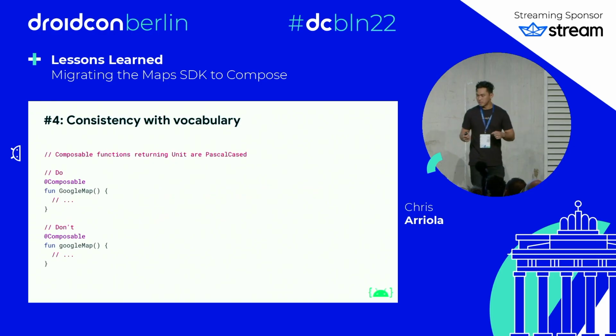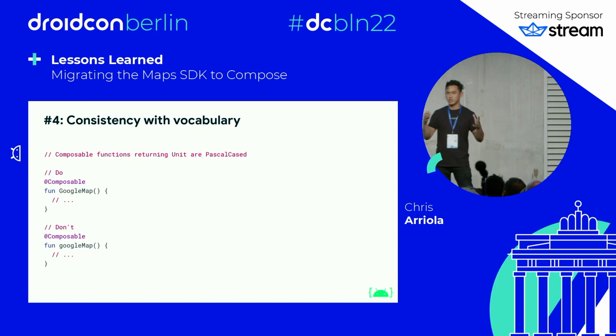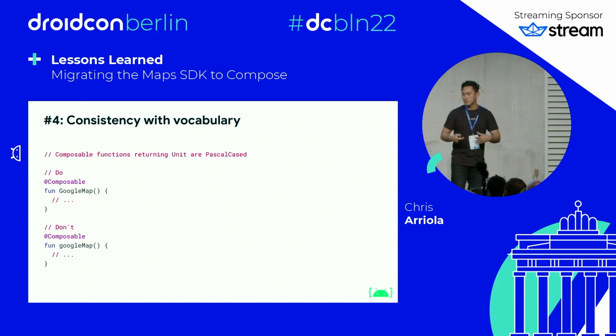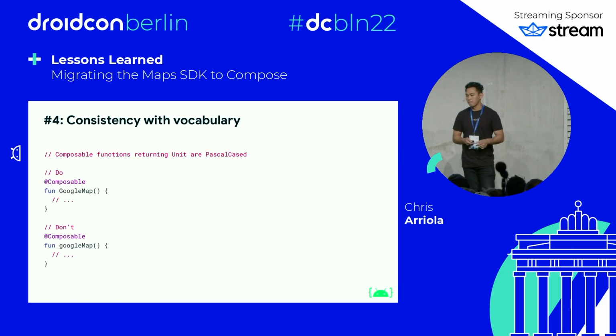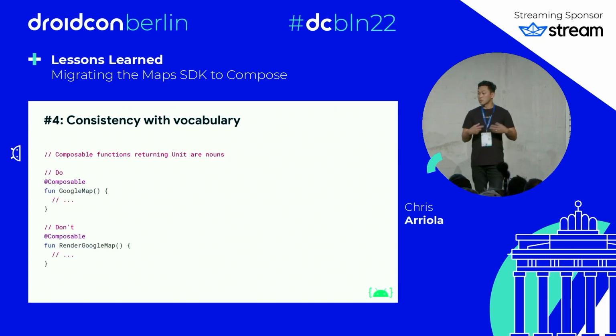So how can we be consistent? One way is through vocabulary. Composable functions that return unit or don't return anything are capital case, uppercase Pascal case. So we say capital G Google Map and not lowercase google Map. Composable functions that return unit are also nouns.